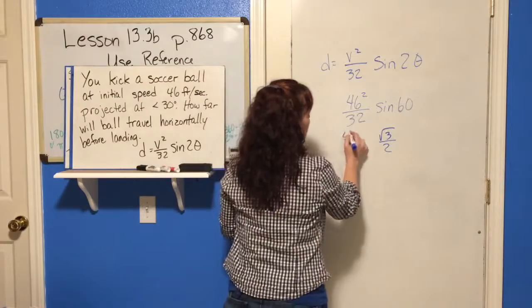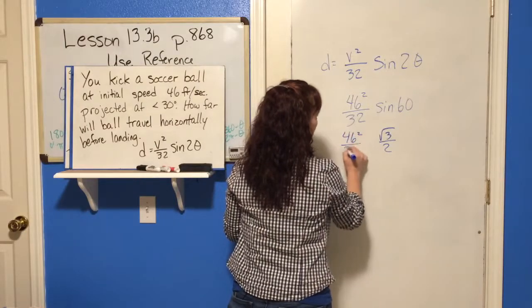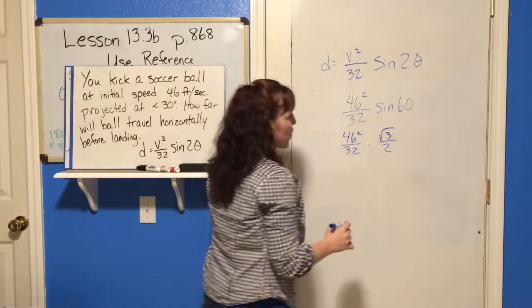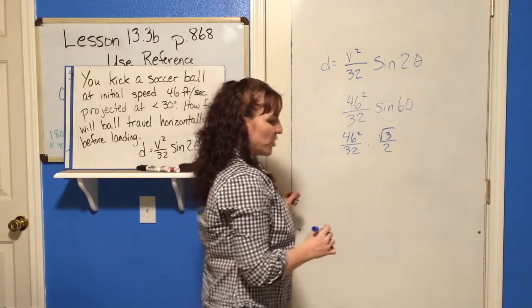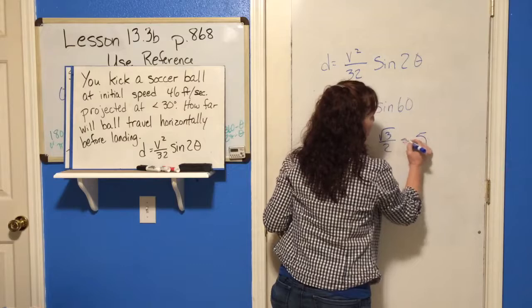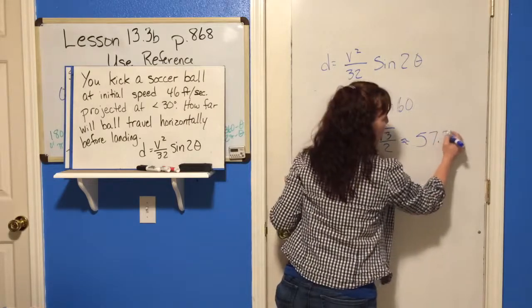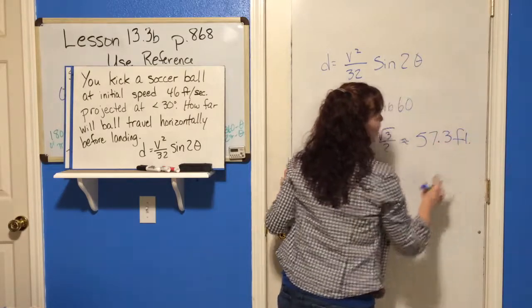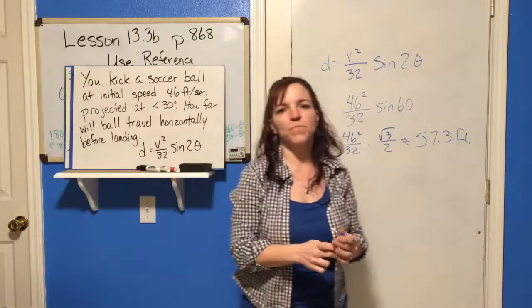All right, so 46 squared over 32 times square root of 3 over 2. Stick all that in your calculator, and you end up with roughly 57.3 feet is how far that ball travels. There you go.